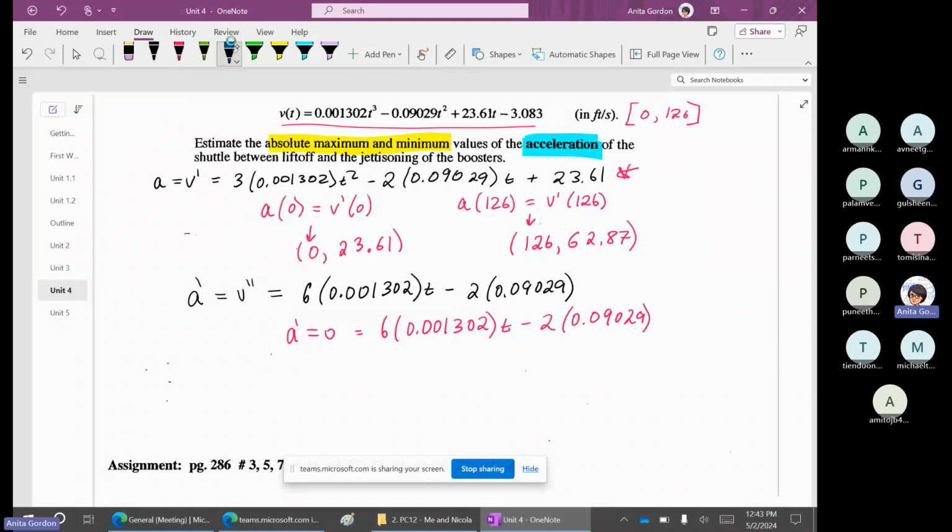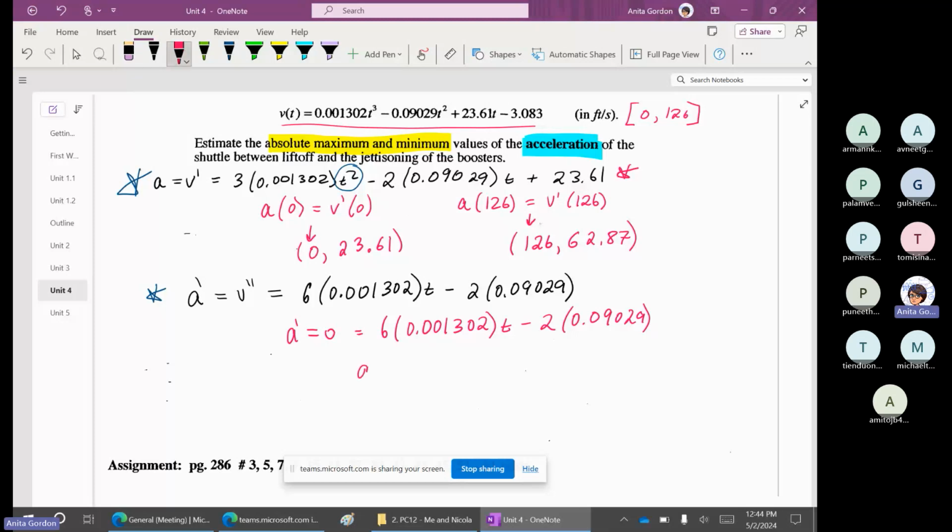So when we found the acceleration, we ended up with a quadratic, so we can have 1, 2, or no zeros. When we have a linear equation, how many zeros are we looking for? Just 1, right? This is the same as saying 0 equals 3x minus 2. We can do this. The numbers are much uglier, but essentially this is what we're looking for. So we're going to add 2 times the constant to the other side, and then divide by the coefficient, and that's going to give us our critical value.